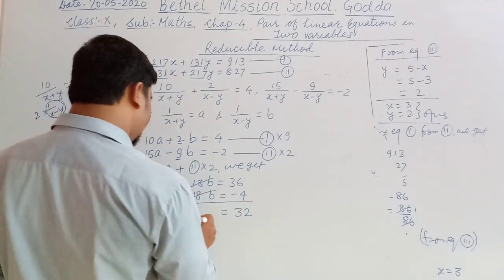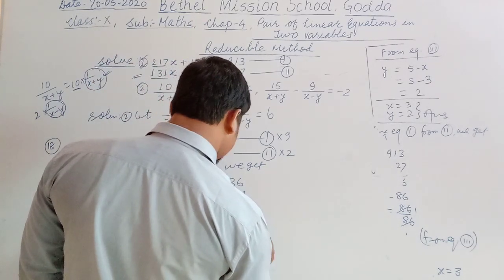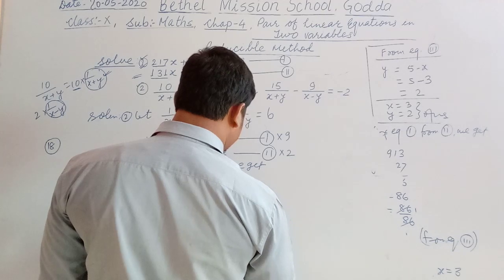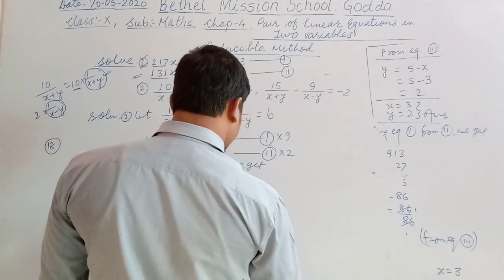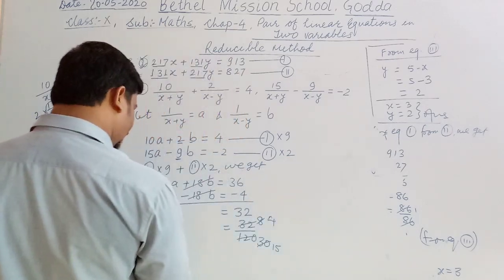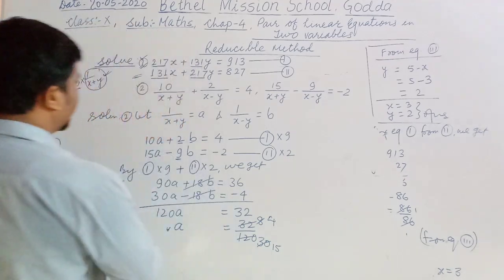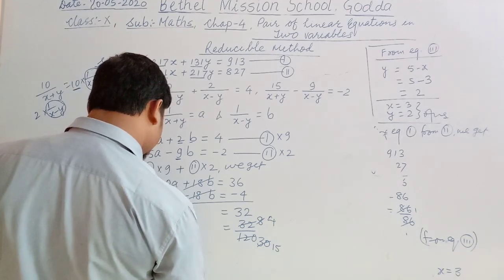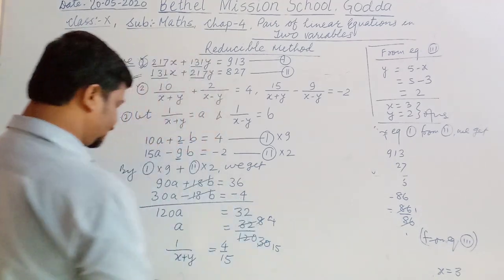Then a equal to 32 upon 120. Dividing by 4, we get 8 upon 30, which is 4 upon 15. So the value of a is 1 upon x plus y, so we put 1 upon x plus y equal to 4 upon 15.